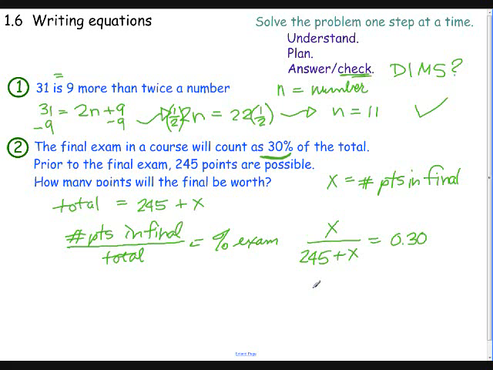How am I going to figure this out? Well, I know I've got a proportion, so when I have two fractions that are equal to each other, I can cross multiply. Remember that? So I'll end up with x equals 0.3 times 245 plus x.